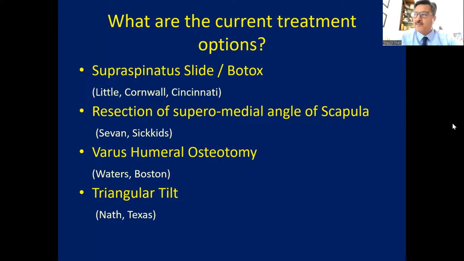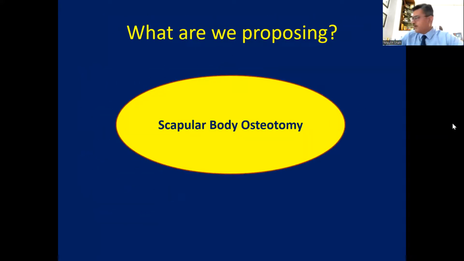So what I have thought, and what I'm proposing today, is a scapular body osteotomy to correct the abduction contracture. Now the question is how I thought about it. I was performing a glenoid anteversion osteotomy once, and inadvertently my osteotomy became complete. At that point, the abduction contracture, or the putty sign, resolved spontaneously.